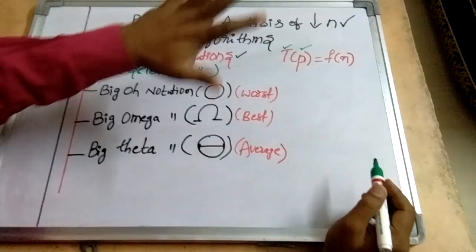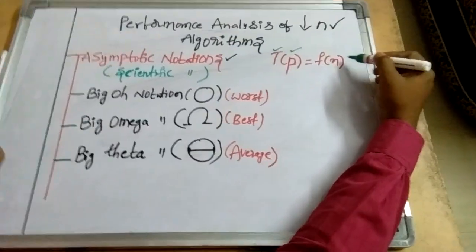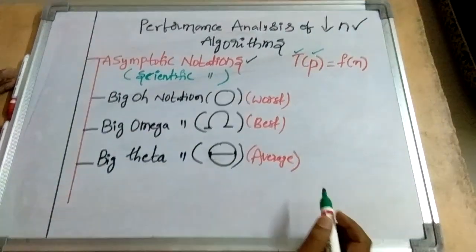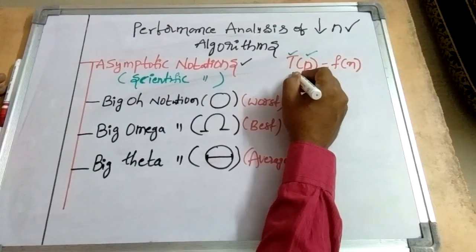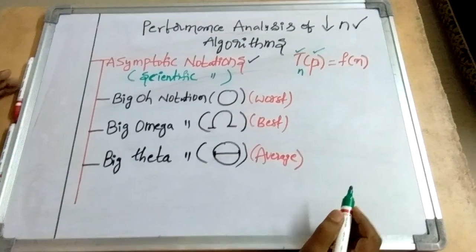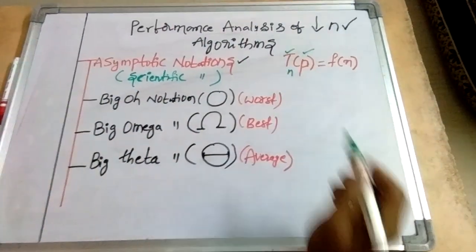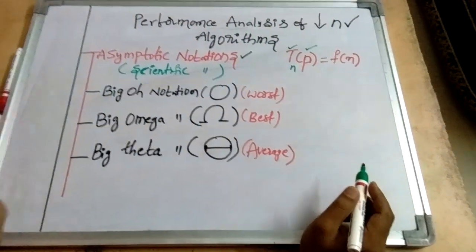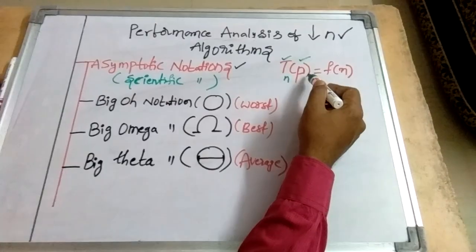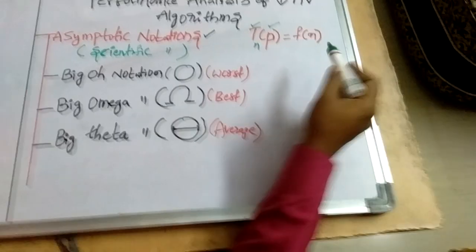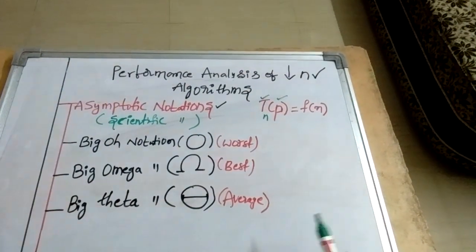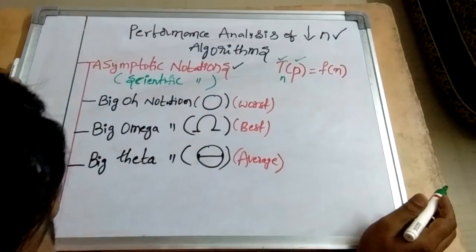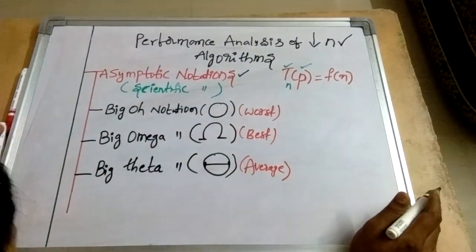That is, the time taken to process the n elements by the given function is the time complexity of the given program. Now I can write this with a suffix as T_n of p, where n is the input size of the problem. T_n of p, the time complexity of a program of input size n, can be expressed as a function f of n.